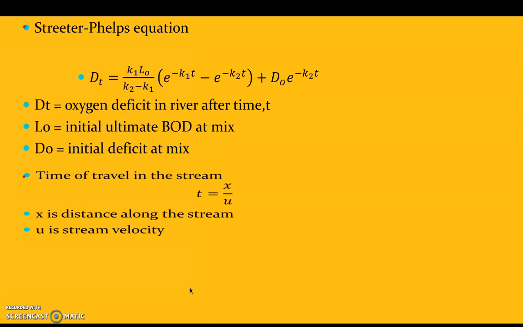From this equation you can see that Dt is the oxygen deficit in the river at any time t, whereas L0 is the initial ultimate BOD at the mixed stream. D0 is the initial deficit at the mixed stream. Given t, you can find your x or u, or given several distances and velocity, you can determine the t, right?